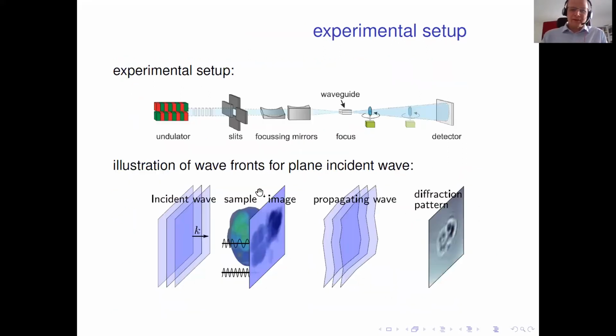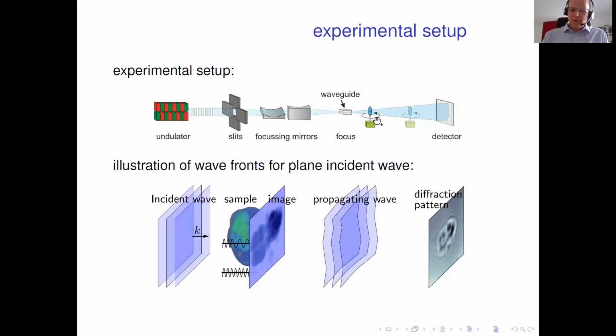Okay, let me illustrate this in this picture. I'll start with this sketch of the experimental setup. You can forget all this for this talk. This is just the way that some X-ray point source is generated. All the details are irrelevant for the purpose of this talk.